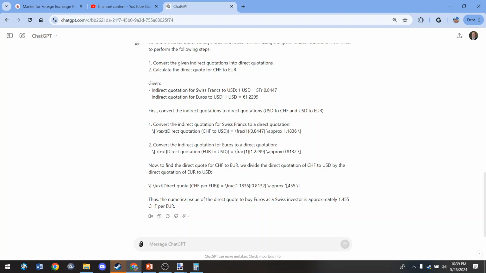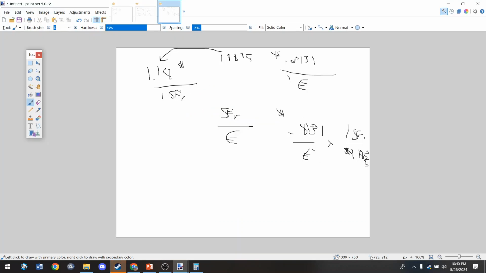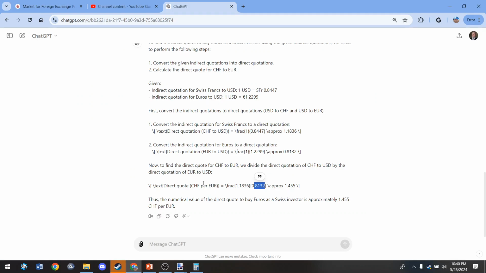ChatGPT says 1.455. Okay, so why did it get it wrong? What happened? This has francs to euros, with the 1.1836 on the top and the 0.8132 on the bottom, but that's upside down. It got these flipped somehow. It's not perfect.